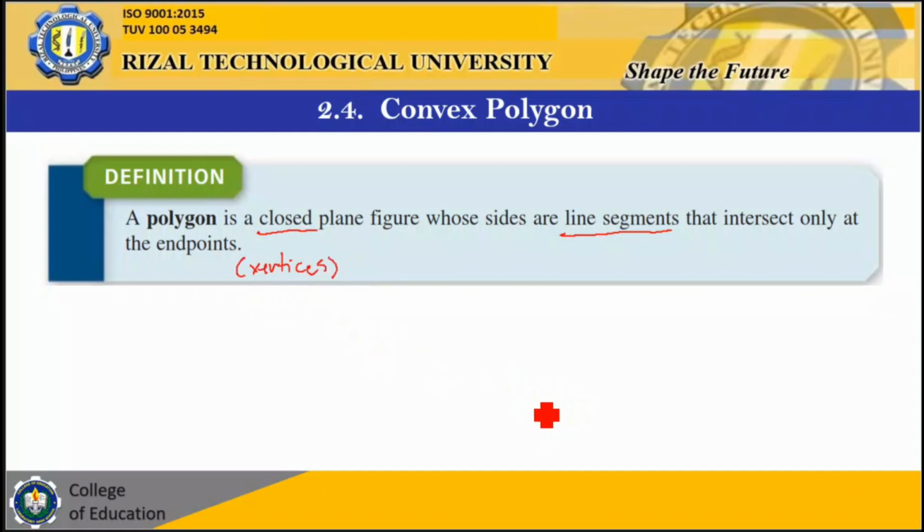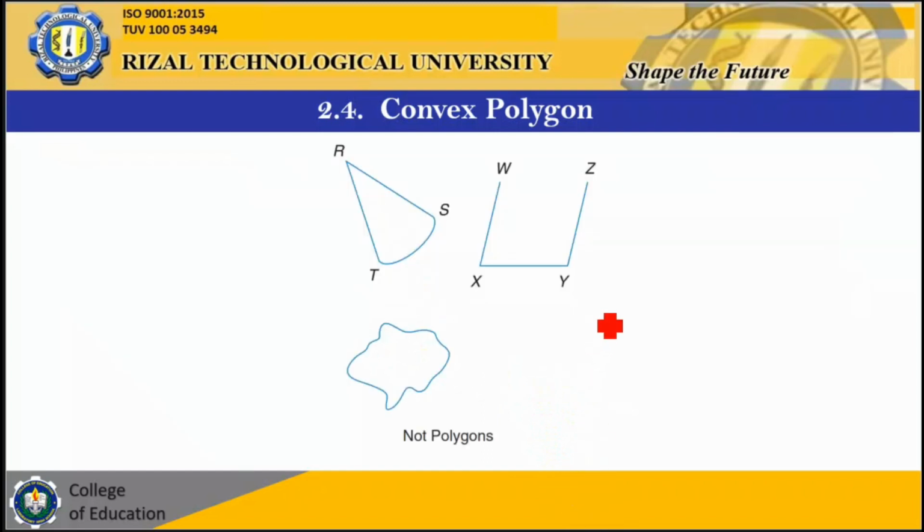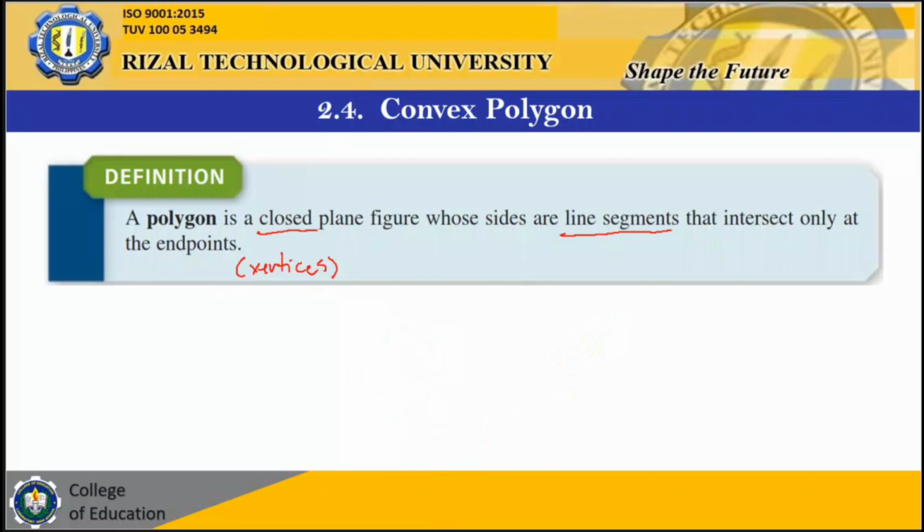Now, in our example here, based on our definition of polygons, again, we define a polygon as a closed plane figure whose sides are line segments that intersect only at the endpoints.